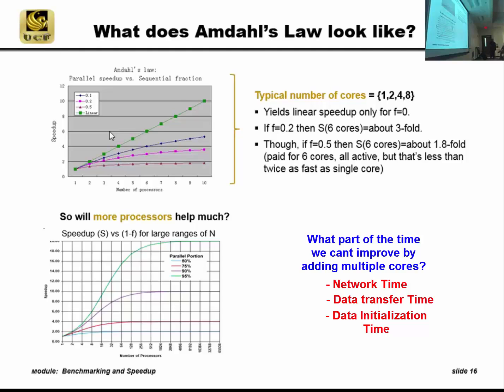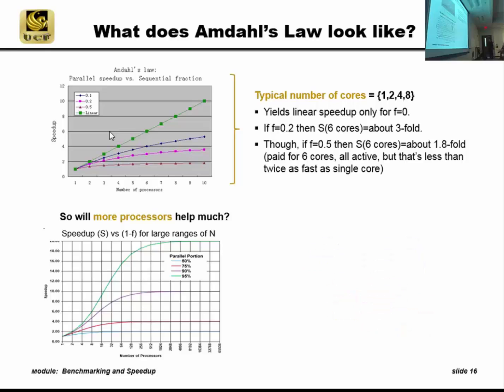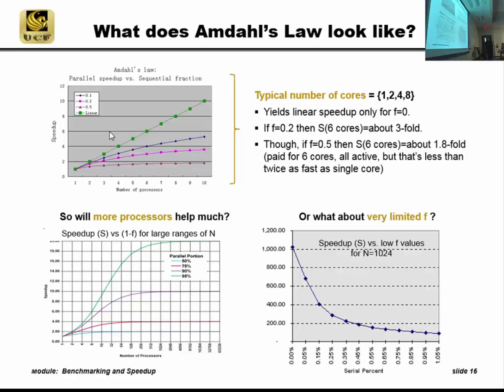So, will more processors help much? We see that this thing levels off, and this is like diminishing returns, right? Once you have enough friends to your house, then that's as fast as you can move. What about very limited F? If F is very limited, like this is a serial percent, so here if we have a very high parallel, which means the serial is small, you can get a high speedup.